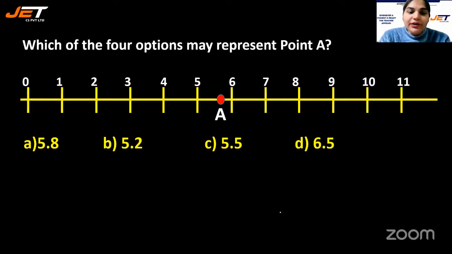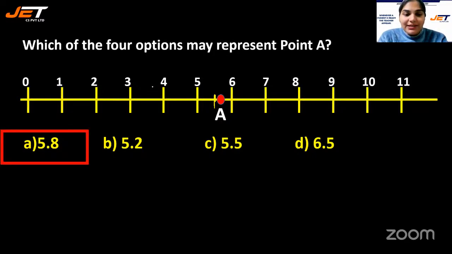So here I will take something more than 5.5, because 5.5 is the center of 4 and 5 and 6. The center is 5.5. So what I will do is 5.8 will be my answer.